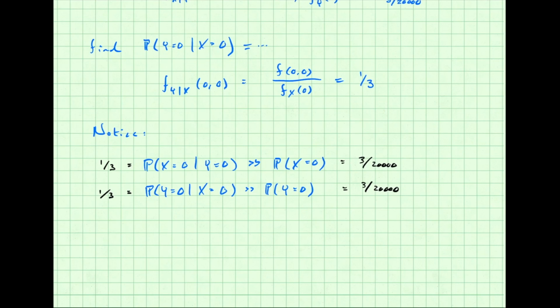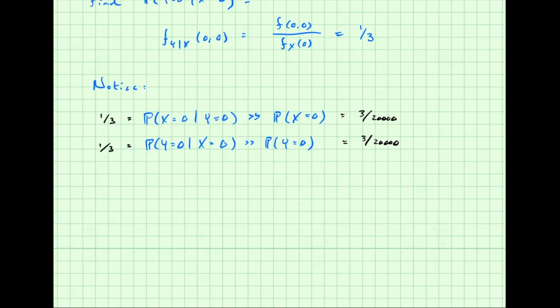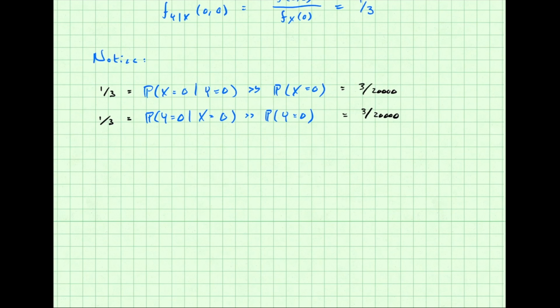So if this were some really important thing, like a nuclear reactor or a biological system for a crucial animal or being or something, you can see that this is really important. So I'll just emphasize one last time the probability that x is equal to 0 and y is equal to 0. That's in the table.